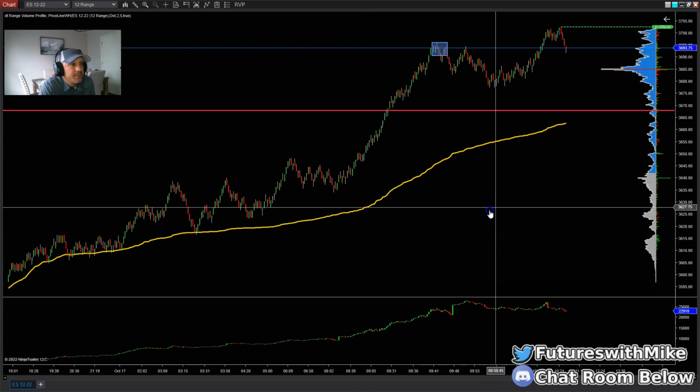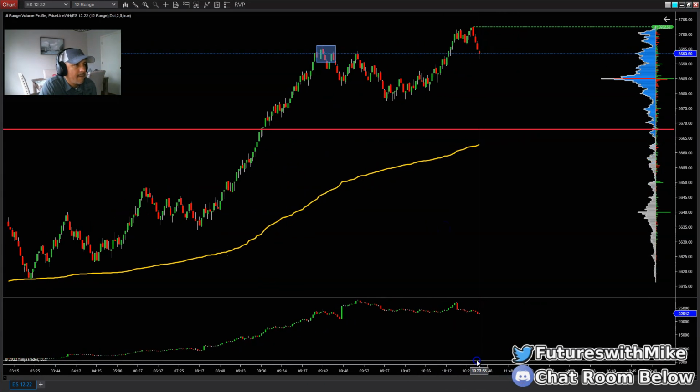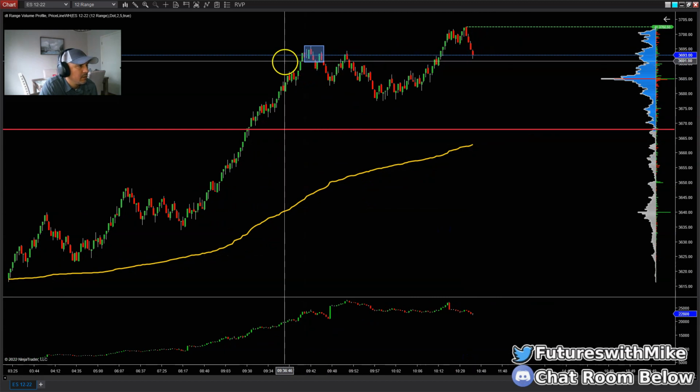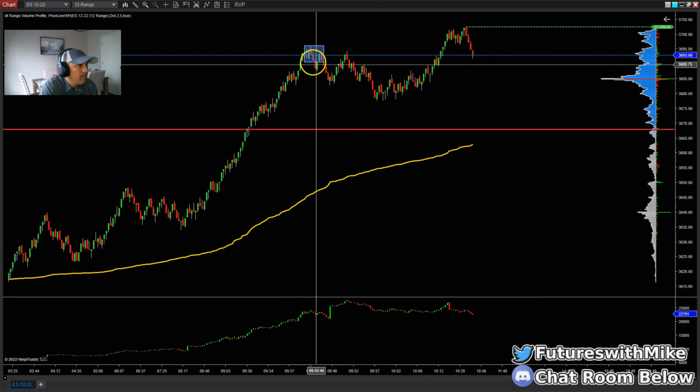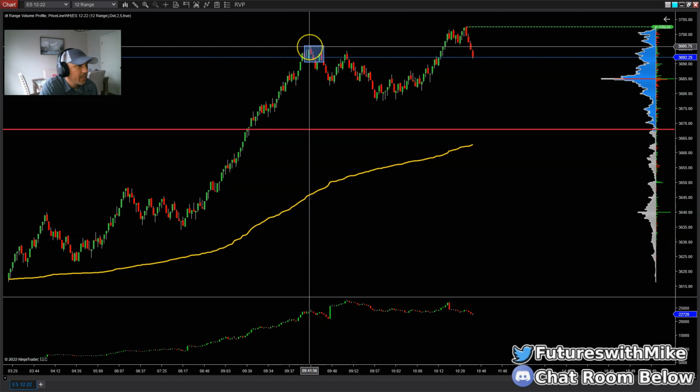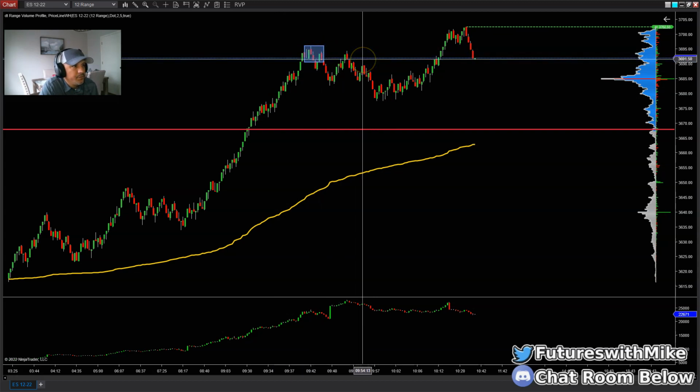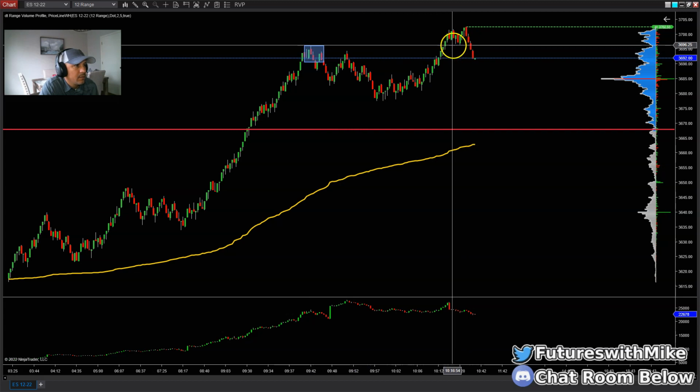Let's see if there is possibly, I don't know. Let's see. Price broke structure right here, broke this high on the 12 range chart. So, I don't know.